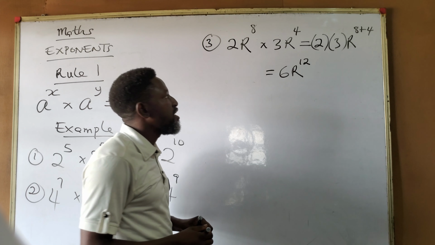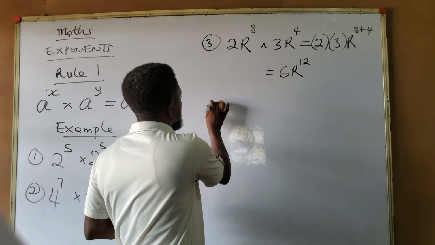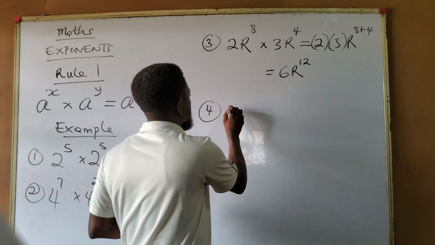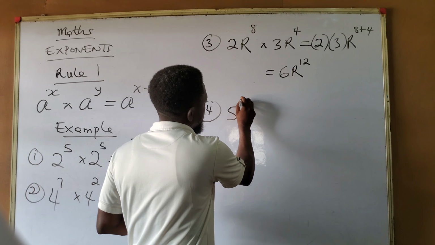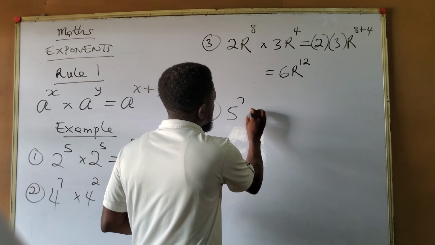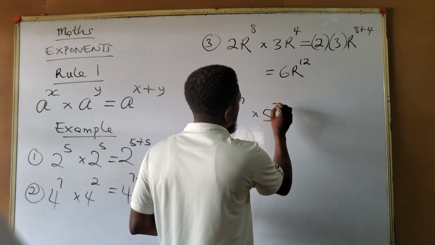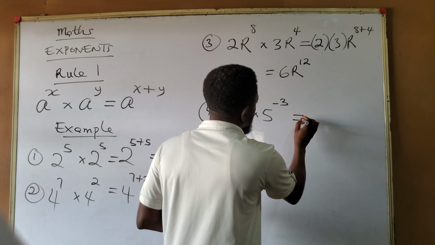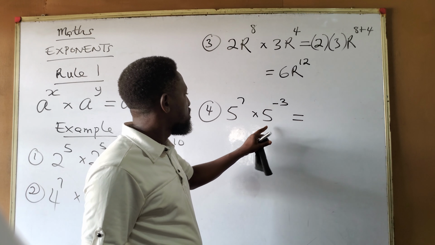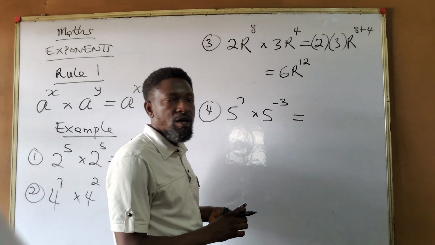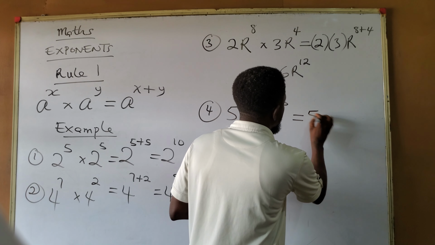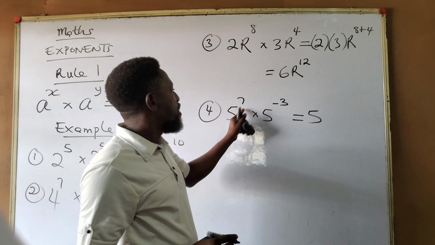So even if you have a negative index, say you have, let's say, 5 to the power 7 times 5 to the power minus 3. Still the same thing. Since the bases are equal, I'll take one of the bases, which is 5, then we'll add up the powers.